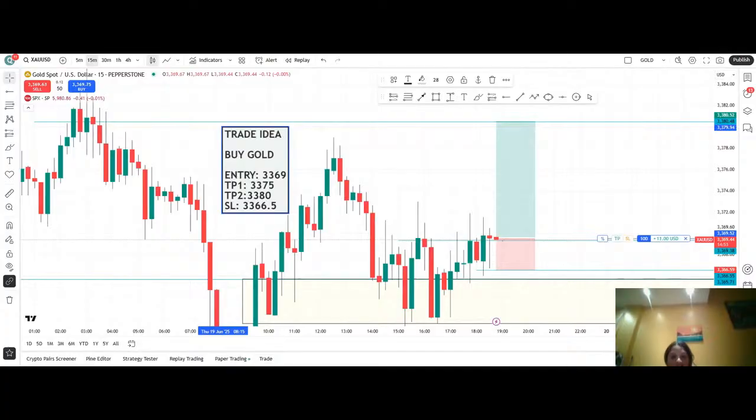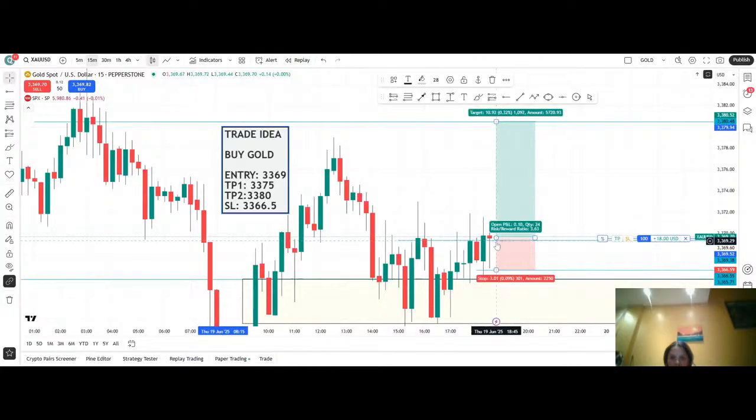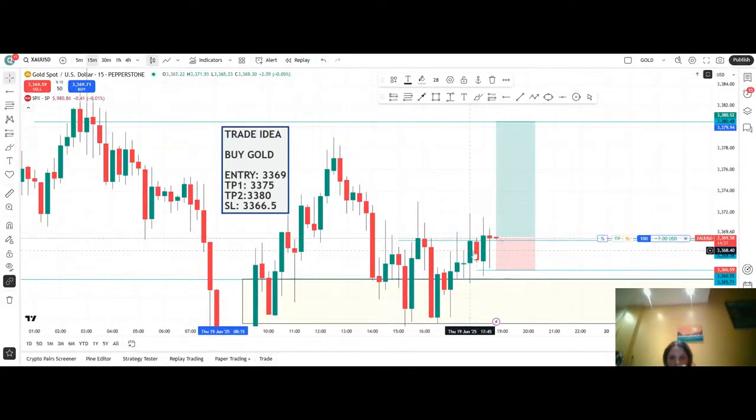And just watch now. That is a 15-minute candle, this one. And this 15-minute candle closed above this line here where I said that I would like to enter. So right at the entry, that is a good sign.